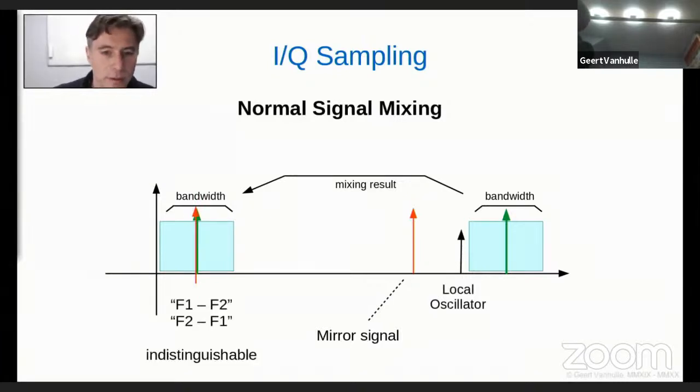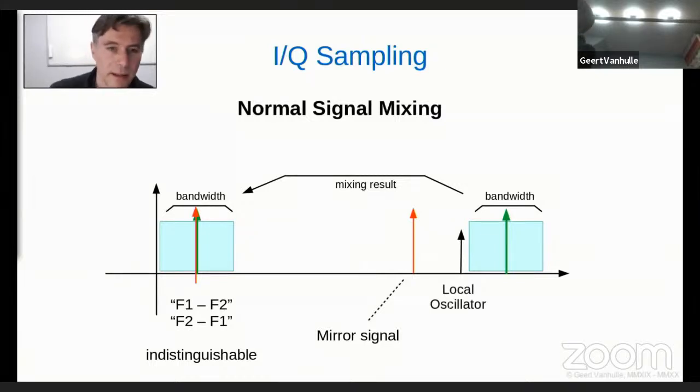The reason for this is that in a normal signal mixing situation, it is impossible to distinguish whether the mixing signal is F1 minus F2 or F2 minus F1. So the local oscillator could be our F1 or it could be our F2. If we have these carriers, the red and the green one, mixing with the local oscillator, both products will arrive in the baseband at the same place.